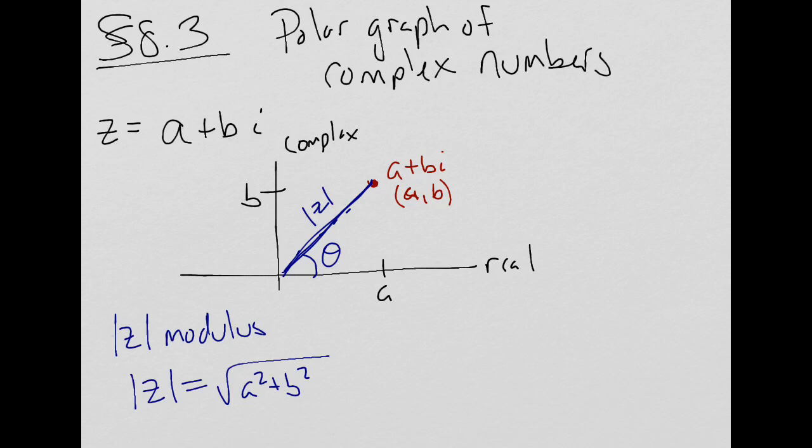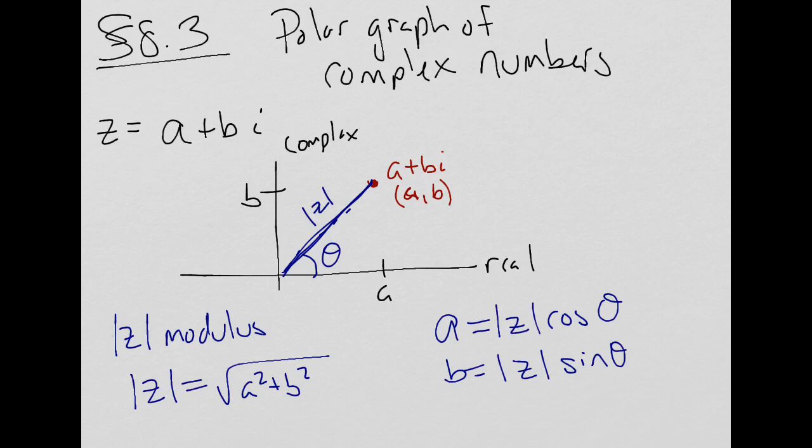But what's also kind of nice is that a is equal to the modulus of z times cosine of theta, and b is equal to the modulus of z times sine theta. That follows directly from our definition of sine and cosine and our expansion of a unit circle into a circle of arbitrary radius. We proved that stuff earlier in the semester.